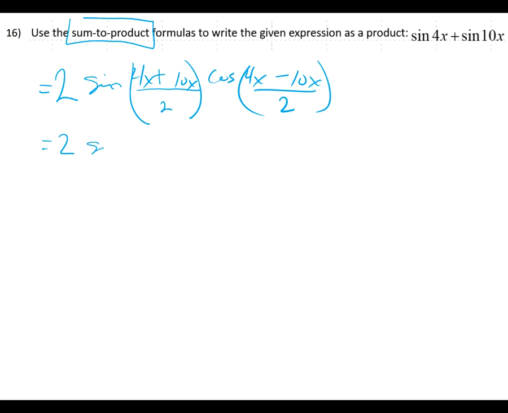Alright, so we've got sine. What is 4x plus 10x? 14x over 2. And then 4x minus 10x is? Then we've got 14 divided by 2 is?